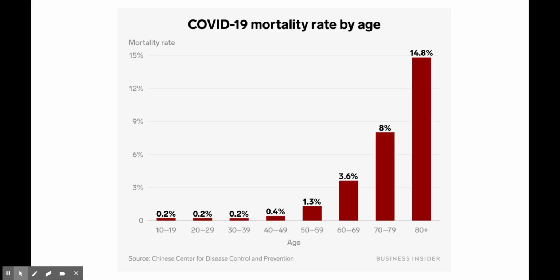And we can take this calculation and apply it to different groups, and this allows us to look for patterns. So, something that was seen early on in the COVID-19 pandemic was this pattern of age being a significant risk factor.